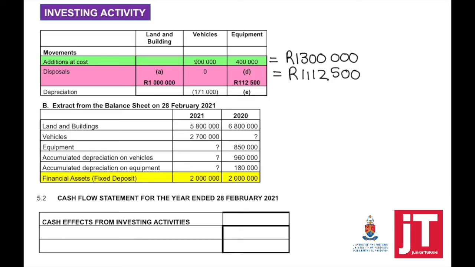So for the total additions, we have to add the vehicles and equipment. For the total disposal, we have to add land and buildings number A, which you've calculated, and number D for equipment, which you've calculated. So it's very important that you complete those questions.